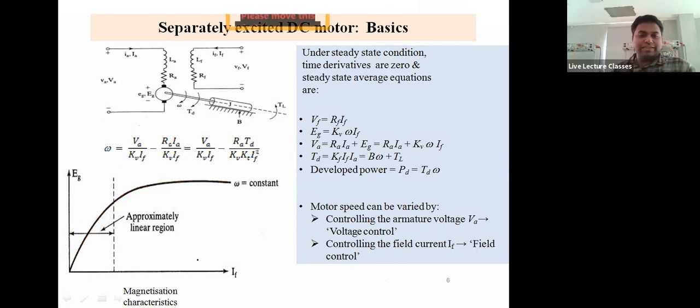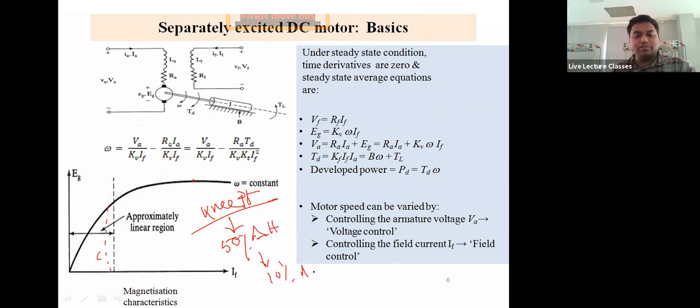So where is the linear region? Up to this much is linear. Then comes the knee point. Here, this is called the knee point. It's a point in the BH curve. This part is also like a BH curve only. Here, a 50% change in H will cause a 10% change in B, and B equals mu into H, where mu is the magnetic permeability of the material.